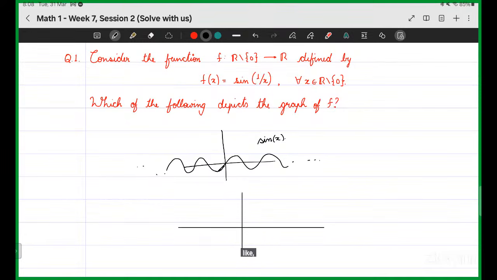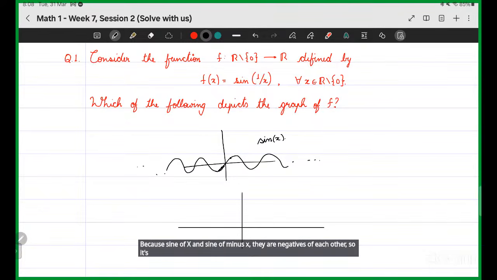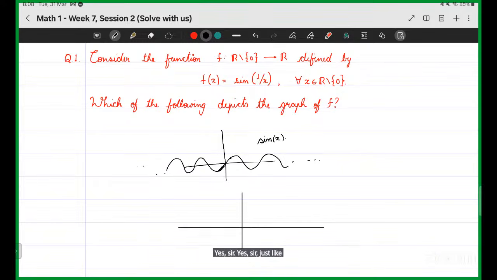Sine x is actually not symmetric, because sine of x and sine of minus x are negatives of each other. So it's like a mirror image. Not exactly a mirror image. Okay, that behavior will be there.